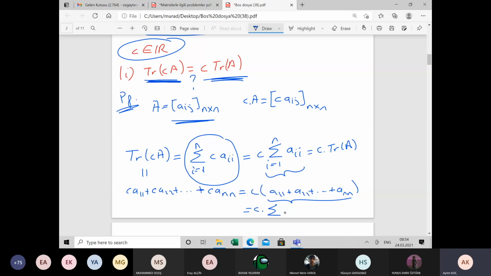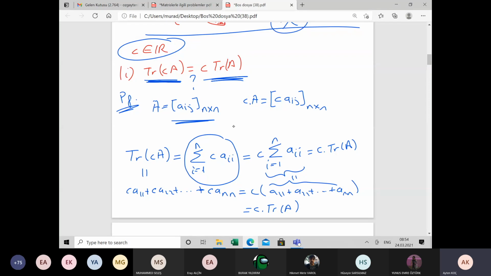This is the sum of all entries on the main diagonal of A, so this is C times the trace of A.